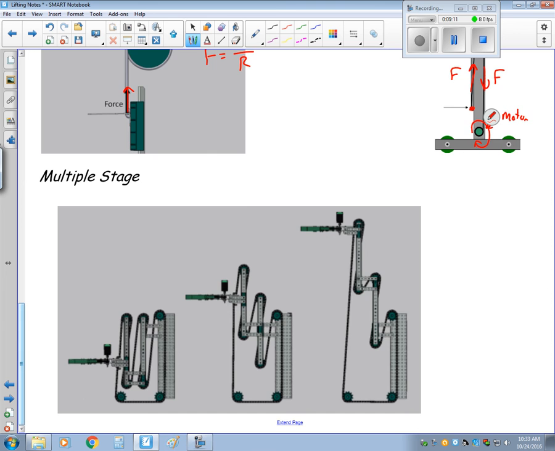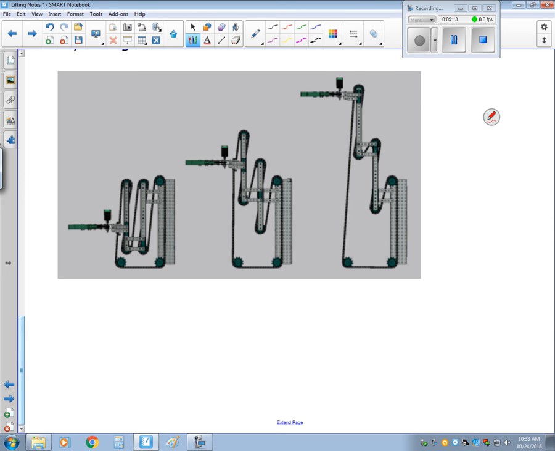Another type is a multi-staged lift. In this one, this is kind of a unique design. We have a chain and sprockets, and we could attach the motor at one of these. So as the motor is turned on, you'd have this motor pulling down on this chain and then pushing this chain over.